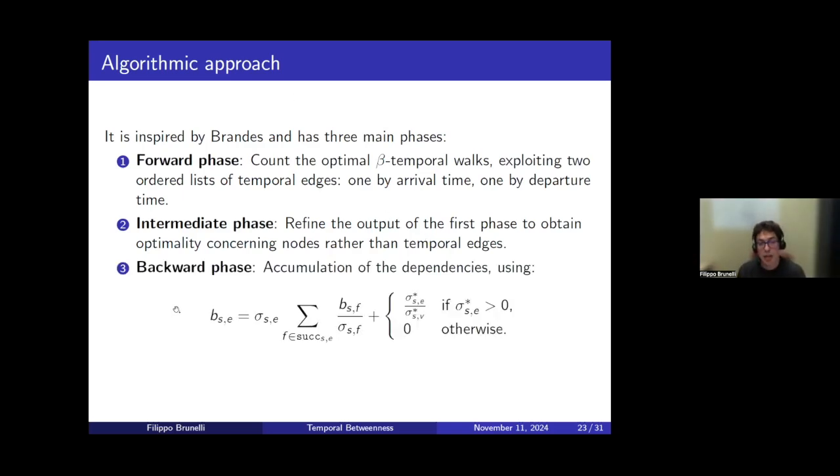And then finally, we have a backward phase where we accumulate the dependencies in a similar spirit as Brandes, let's say. So knowing the betweenness of the temporal edges that are successors of E in optimal beta temporal walks, we can compute back the betweenness of the edge E. I will give more details in the next slides.